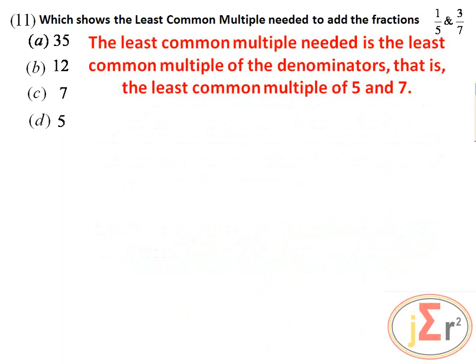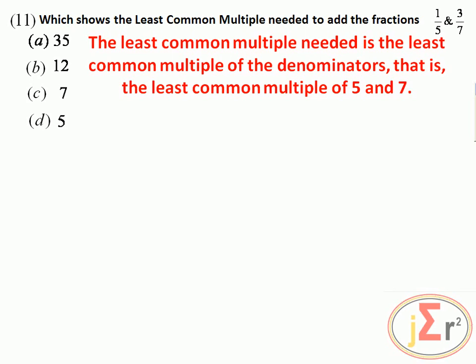The least common multiple needed is the least common multiple of the denominators. That is, the least common multiple of 5 and 7, which is the smallest number that 5 and 7 can divide into without leaving a remainder.